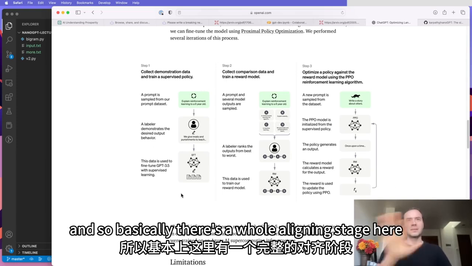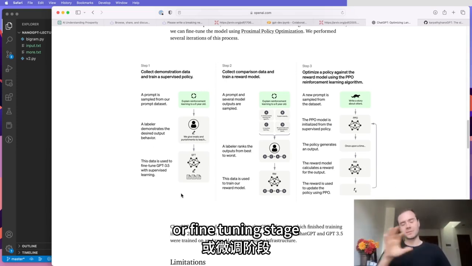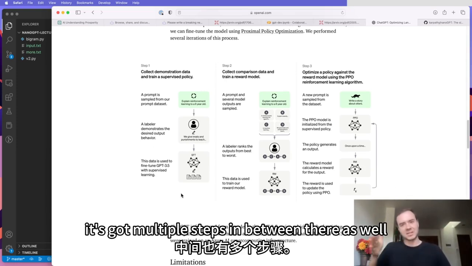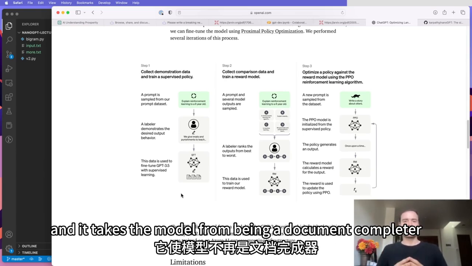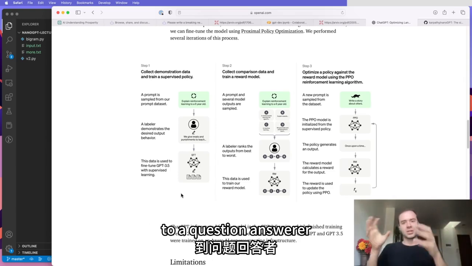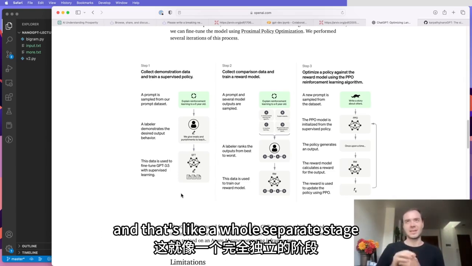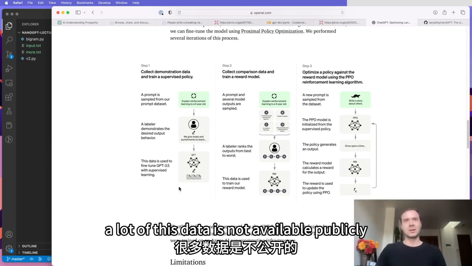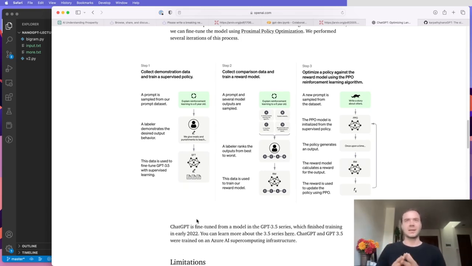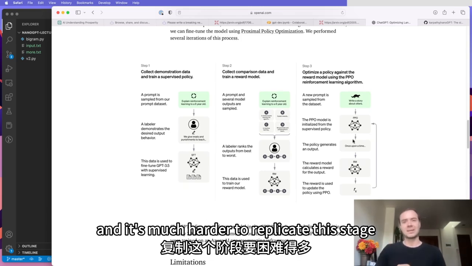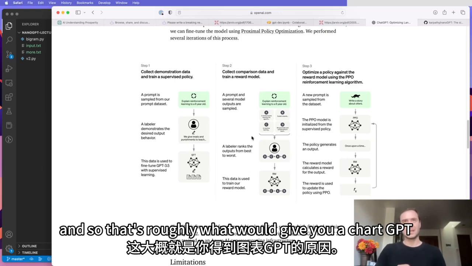So there's a whole aligning stage here, with multiple steps in between. It takes the model from being a document completer to a question answerer. That's a whole separate stage. A lot of this data is not available publicly. It is internal to OpenAI, and it's much harder to replicate this stage. And so that's roughly what would give you a ChatGPT.